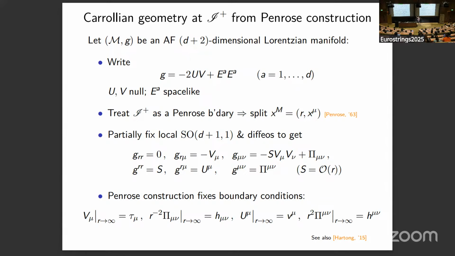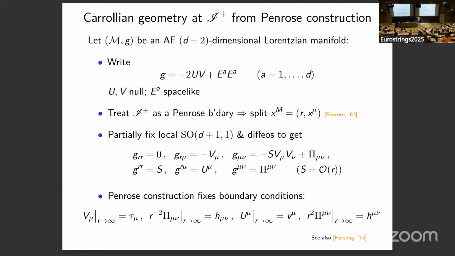And what you do next is you just partially gauge fix the local Lorentz transformation that acts on these vielbeine to get the metric into this form. So these objects will appear quite frequently, but this is just a choice of your local Lorentz transformation. So we don't fix all of it, but we fix them such that we land in this choice.